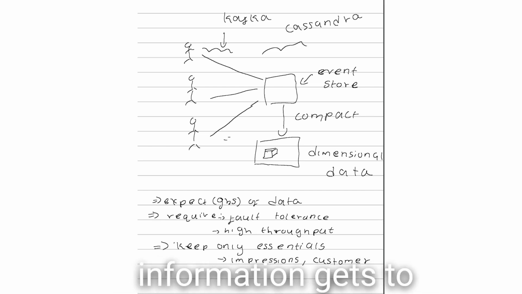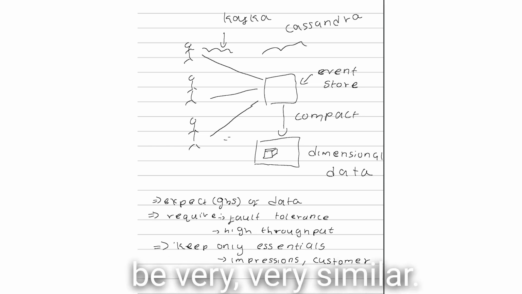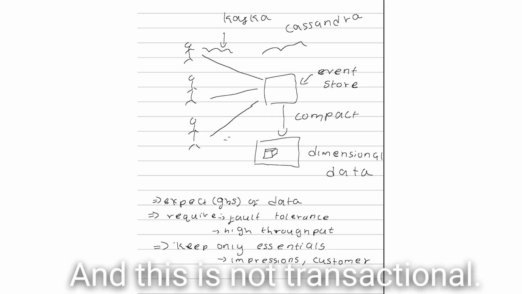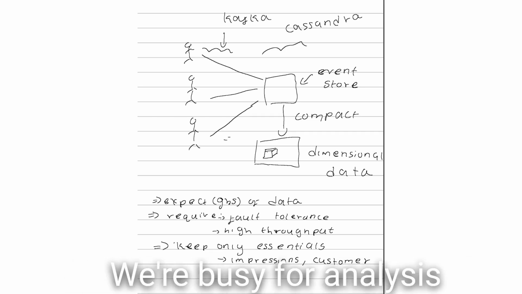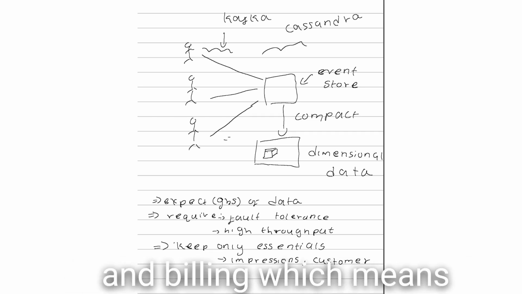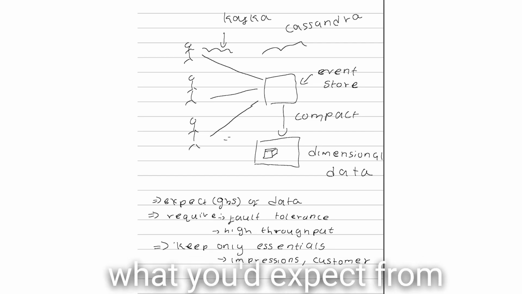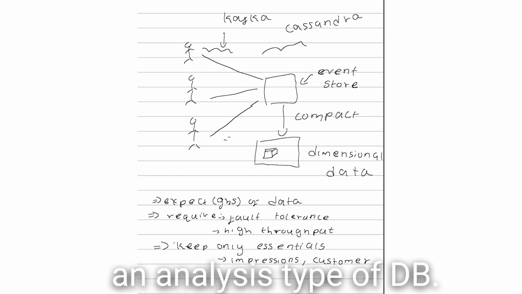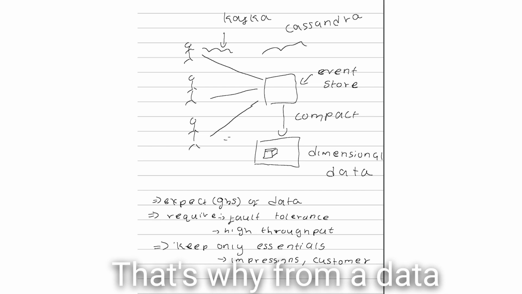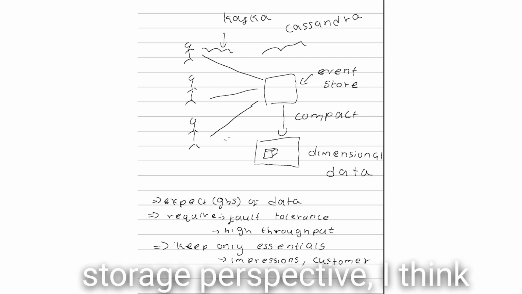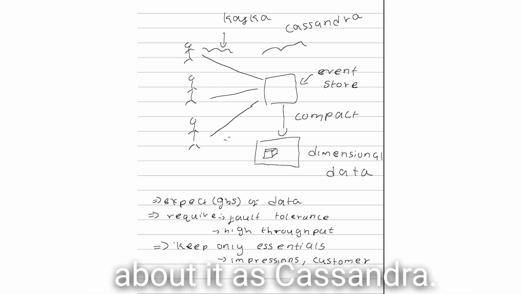Of course, once this information gets to us, we expect it to be very similar, and this is not transactional. Primarily, we're going to be using it for analysis and billing, which means it really fits better with what you'd expect from an analysis type of DB. That's why from a data storage perspective, I think about it as Cassandra.